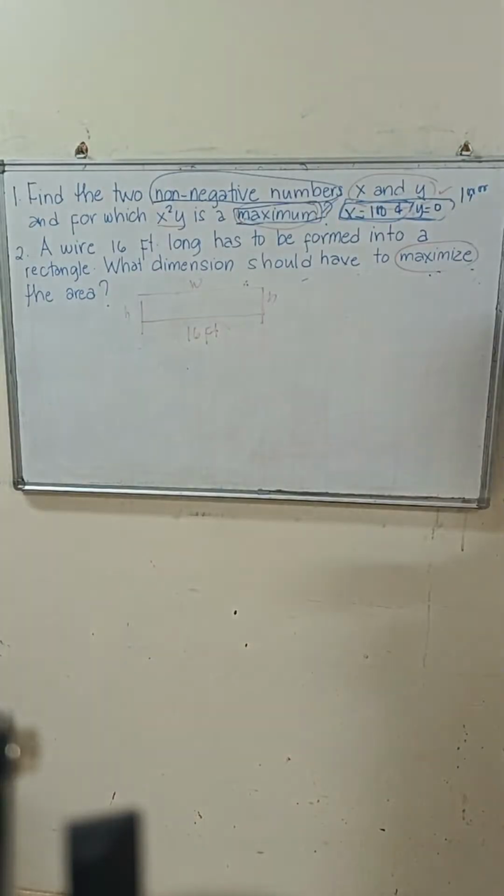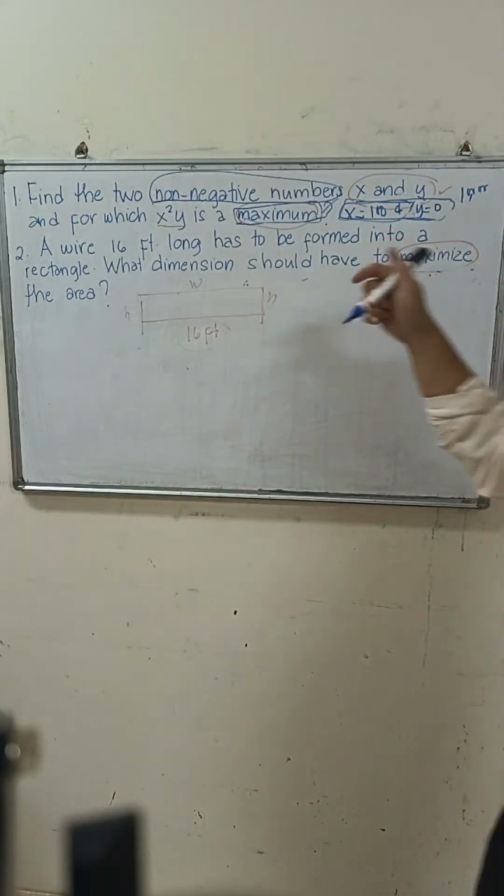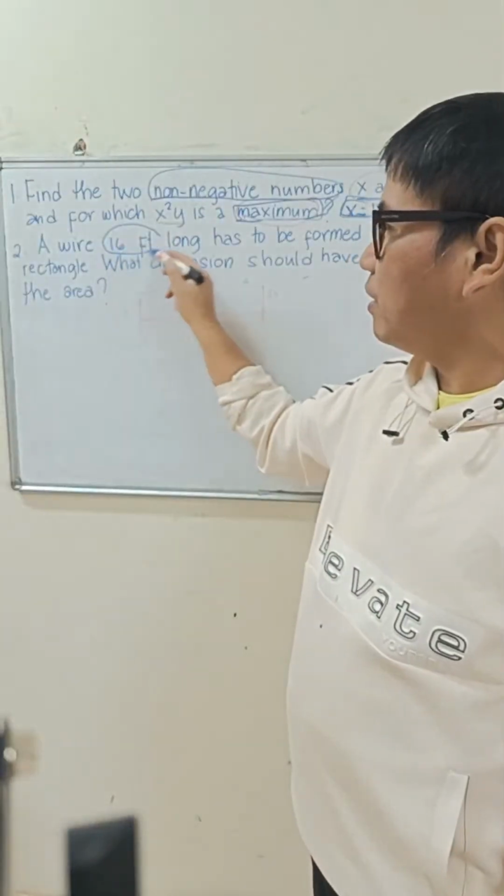How can you do that? When you add these dimensions, the 16 feet, by common sense, it becomes the perimeter.